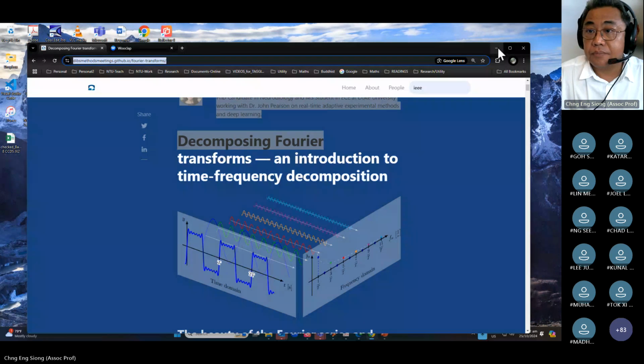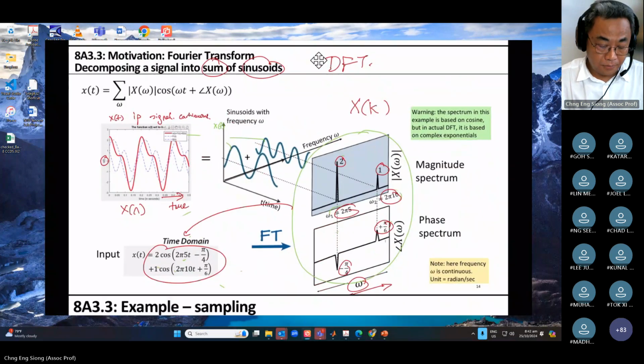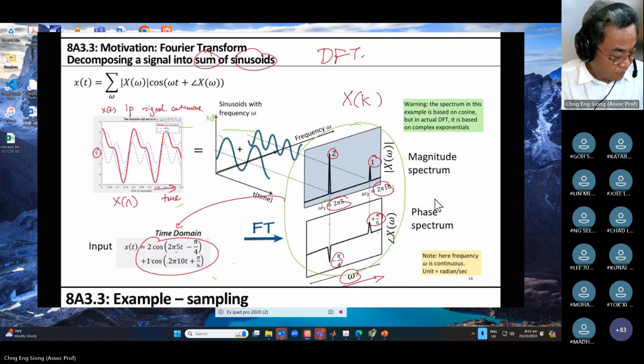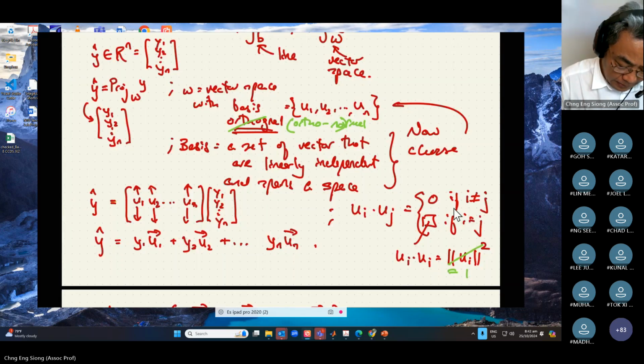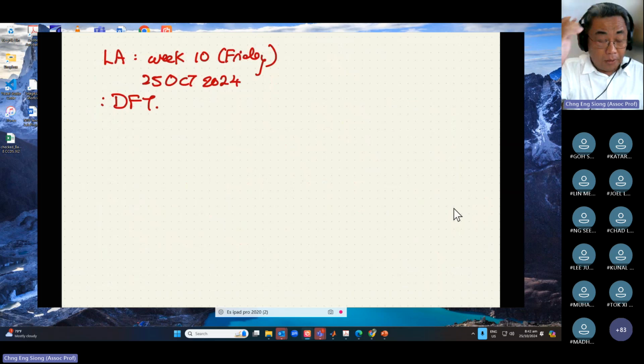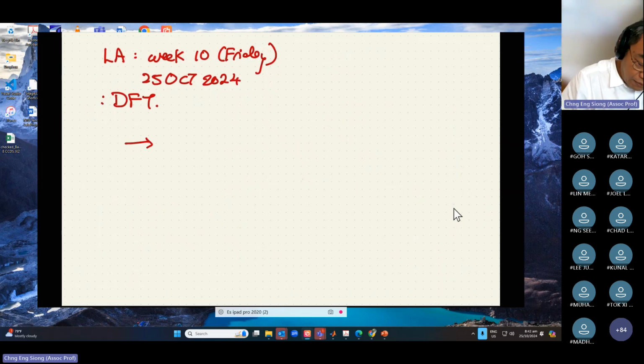Now, let's try. Okay, we have x of n, and x of n is a sequence, and this sequence has a few numbers.